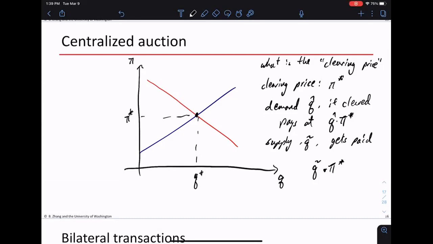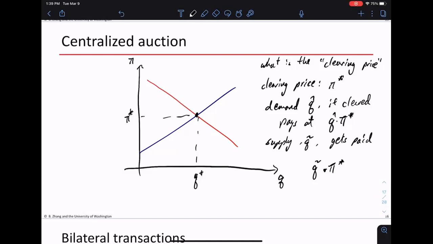So the question is why. This payment scheme is a choice made by the market operator, the system operator. There's nothing forcing us to adopt it.